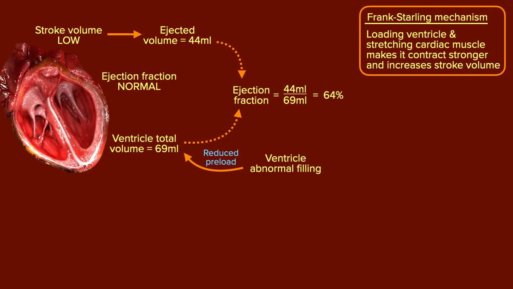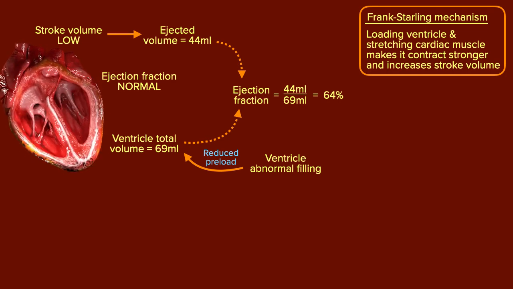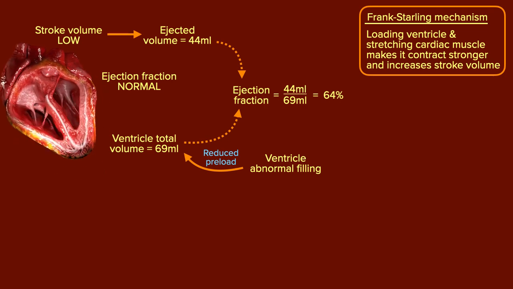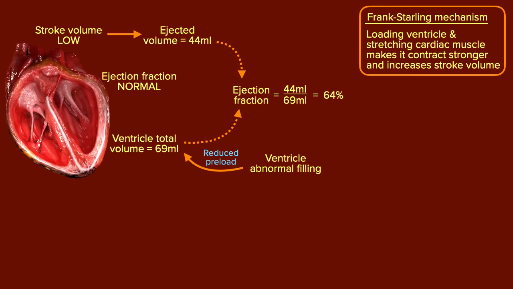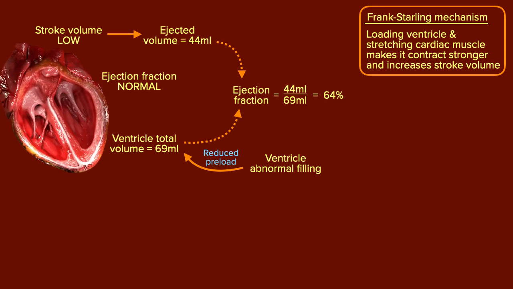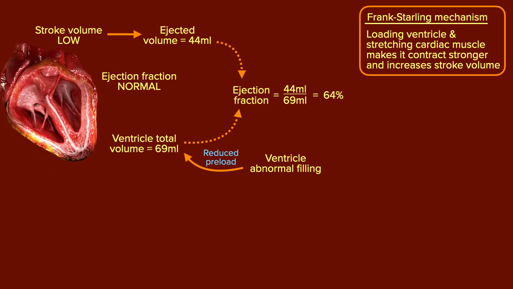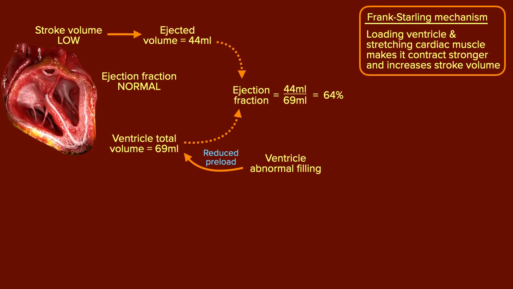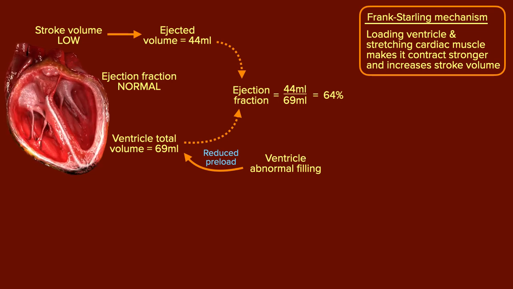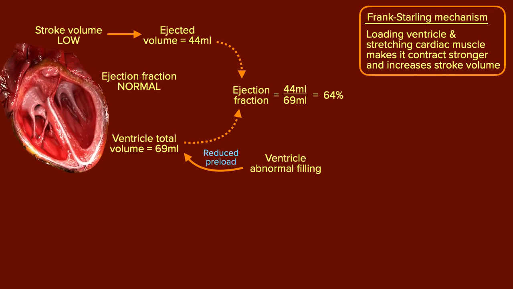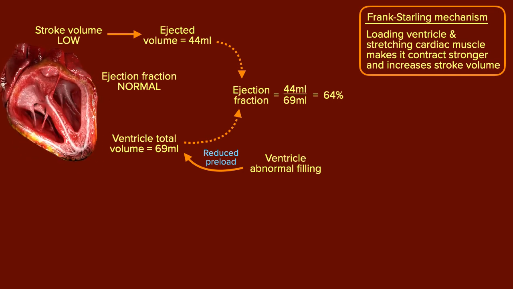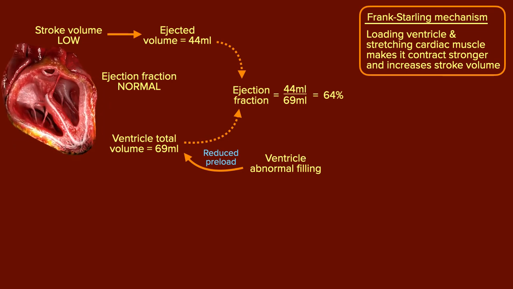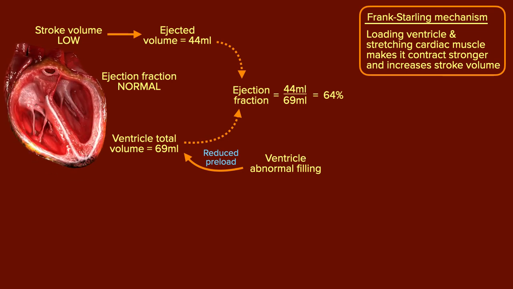It is kind of like a rubber band: the more you stretch it, the more it's going to snap back when you release it. All right, but we will see that this is a proper compensating mechanism for a short situation. But if the problem is chronic, this is going to take us to more problems.